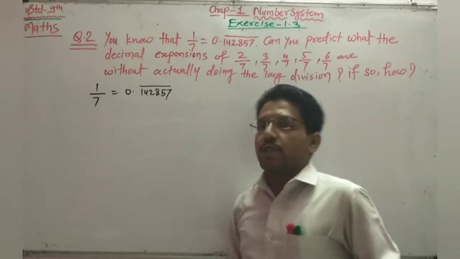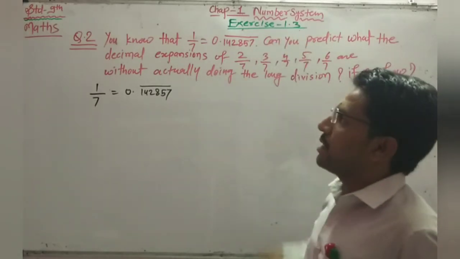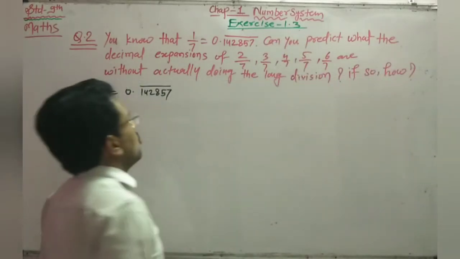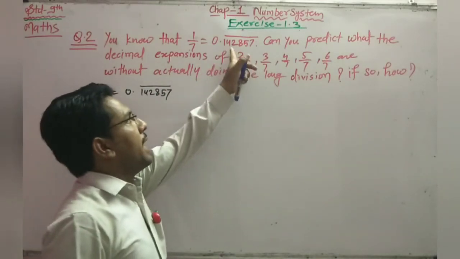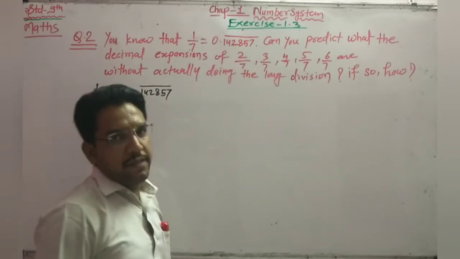Now this is question number 2 of exercise 1.3. Question number 2 is: you know that 1 upon 7 is equal to 0.142857.